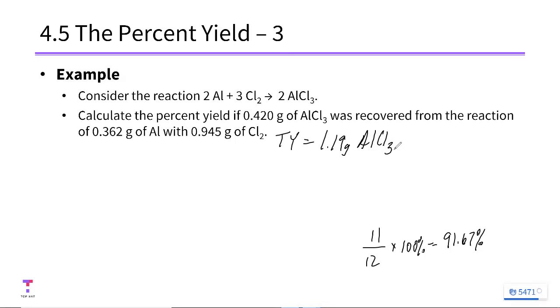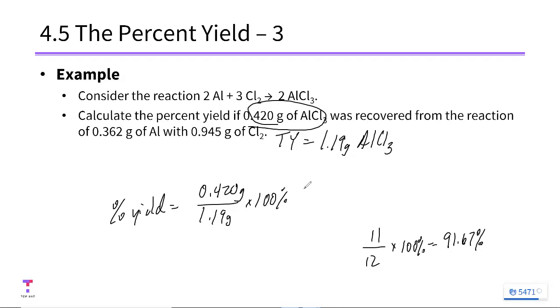That was the number we came up with at the end there. To figure out the percent yield, we have to take this. This is what we actually got in the reaction and compare it. So percent yield is 0.420 grams divided by 1.19 grams times 100%.